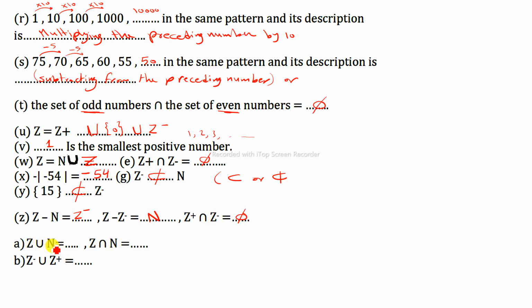Z union N: N is a subset of Z, so the union gives the bigger set, Z. Z intersection N: N is a subset of Z, so the intersection gives the smaller, which is N. Z negative union Z positive gives all of Z except 0.